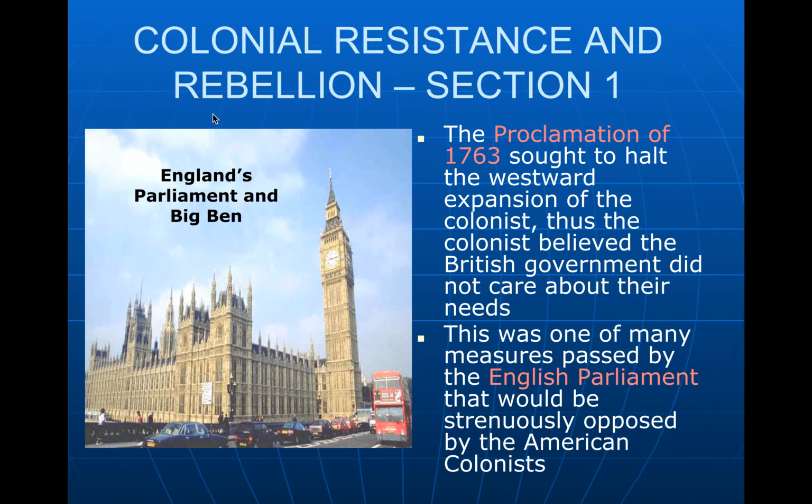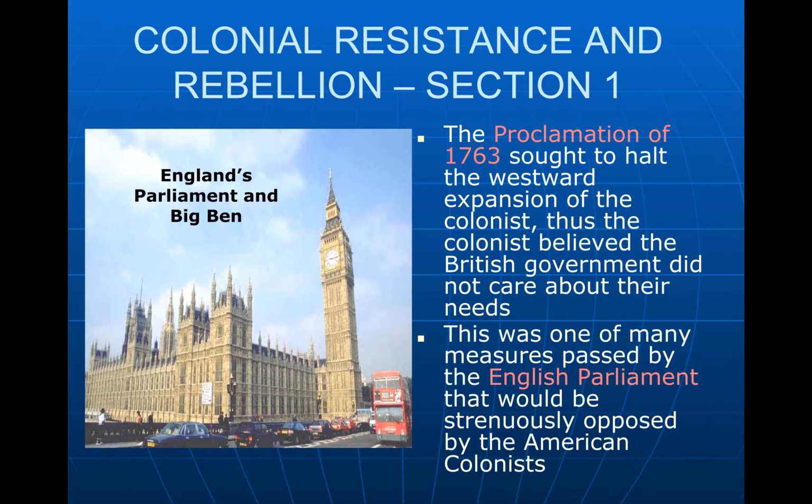So the colonial resistance to the British Empire begins with the Proclamation of 1763, which was issued by the English Parliament. It was an imaginary line that ran along the geographic feature of the Appalachian Mountains, and it basically prevented the colonists from moving further west to settle past those mountains.